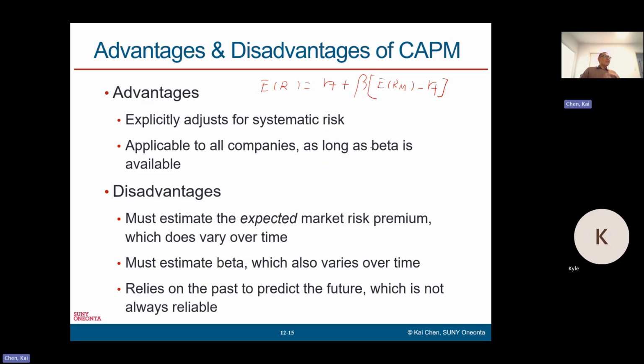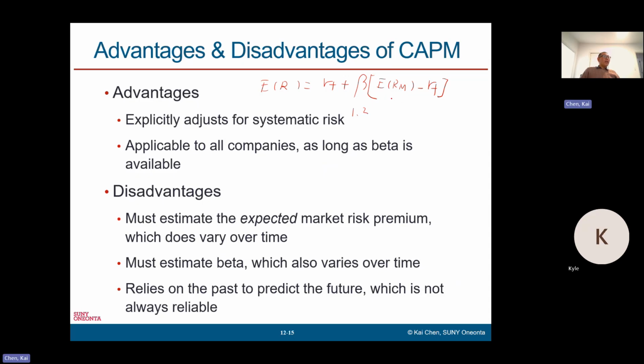Okay, now we can see, if beta is 1, what does this mean? In the previous example, beta is 1.2, so now let's use 1.2.